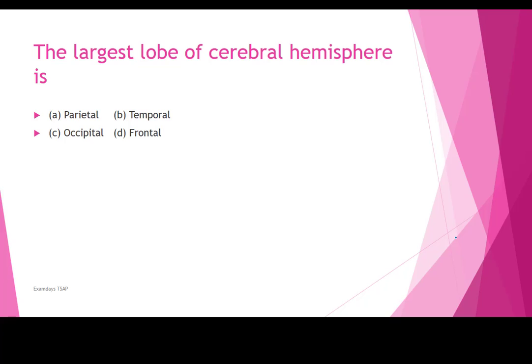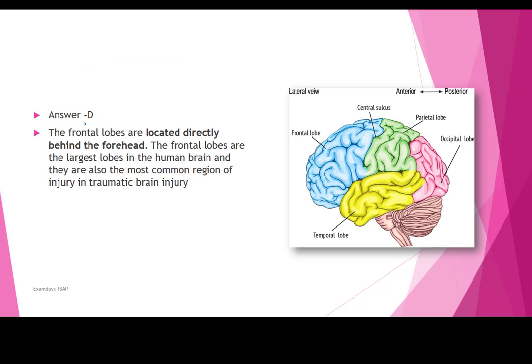Moving on to the next question: the largest lobe of the cerebral hemisphere is which? Options: A parietal, B temporal, C occipital, D frontal. The correct answer is option D, frontal.